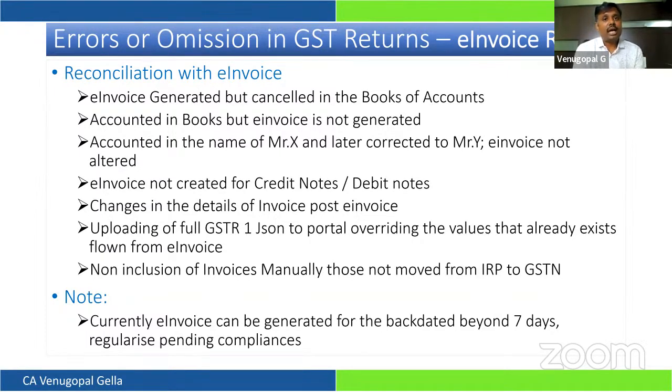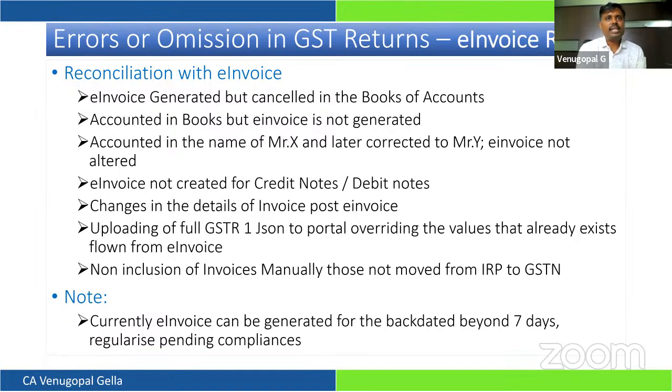Another situation: after doing the e-invoice, someone has posted a backdated invoice and the e-invoice has not been done. Or there is a change in the values. Instead of Mr. X, I've changed it to Mr. Y. Instead of an amount of 1 lakh, I've changed it to 1,50,000, whatever.